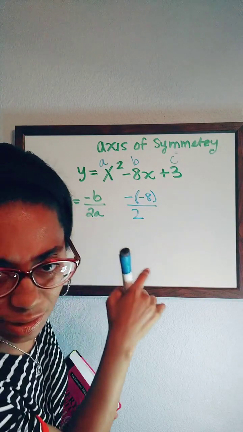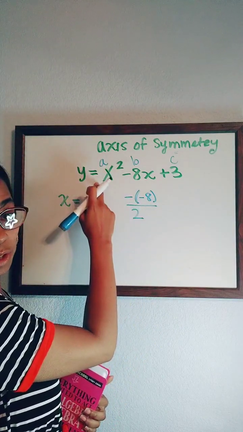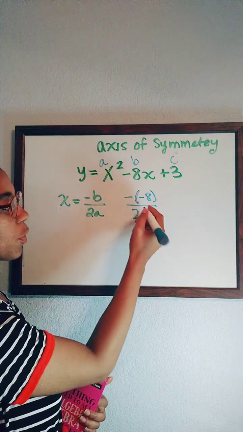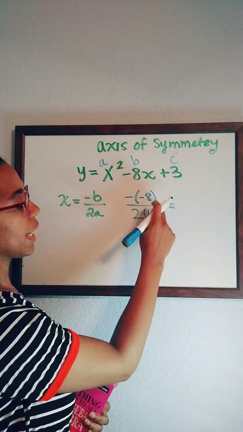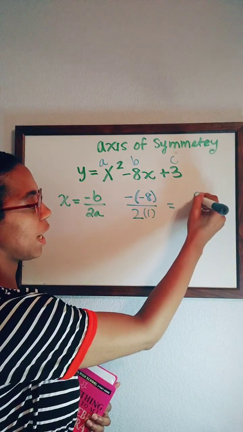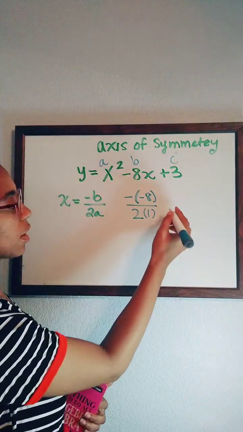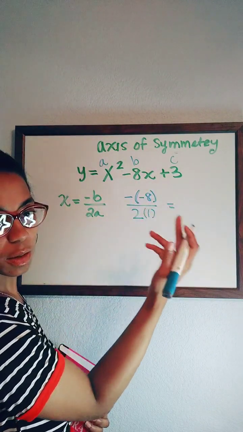It would be the number in front of the x. So it would just be a 1, right? And we don't have to worry about that. Negative times a negative is a positive.